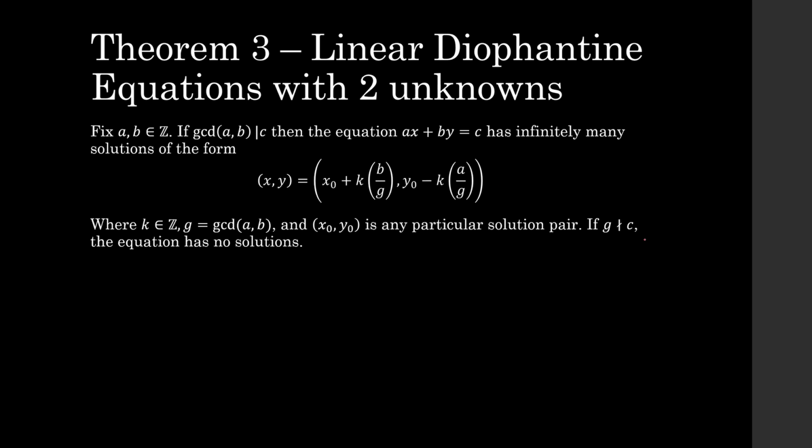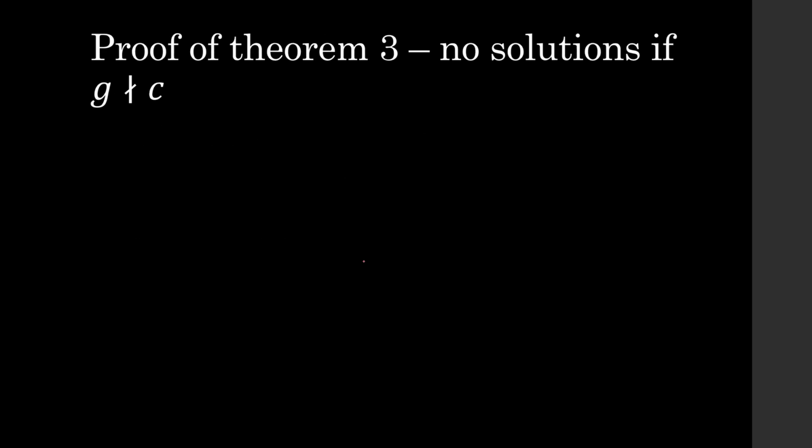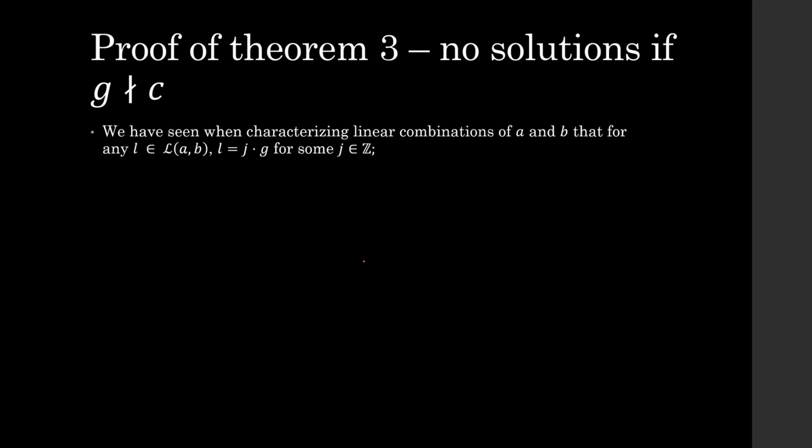The last part of this theorem is that if g does not divide c, so if the GCD does not divide c, then the equation does not have any solutions. So let's first prove that we don't have any solutions if G does not divide C. What we saw when characterizing linear combinations of A and B is that any linear combination of A and B is equal to some J times G. It's a multiple of the GCD.